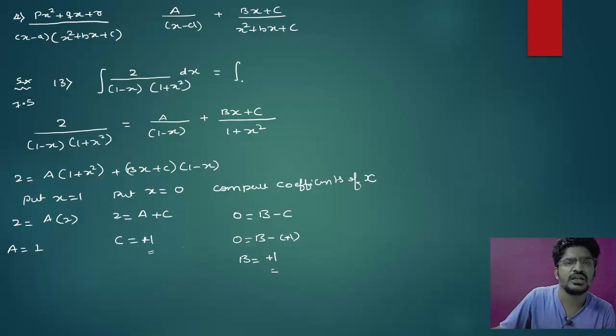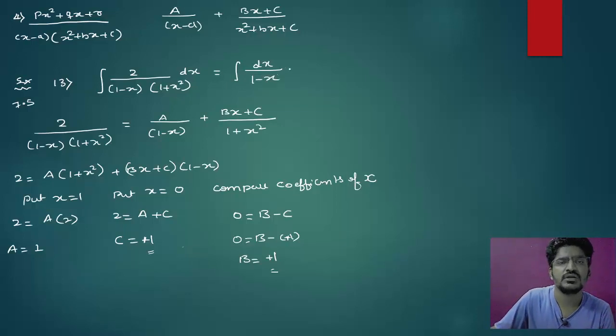That will be integration of a value is 1, dx divided by 1 minus x, plus integration of b value is 1, so that will be x, plus c value is 1, divided by 1 plus x square with respect to dx.